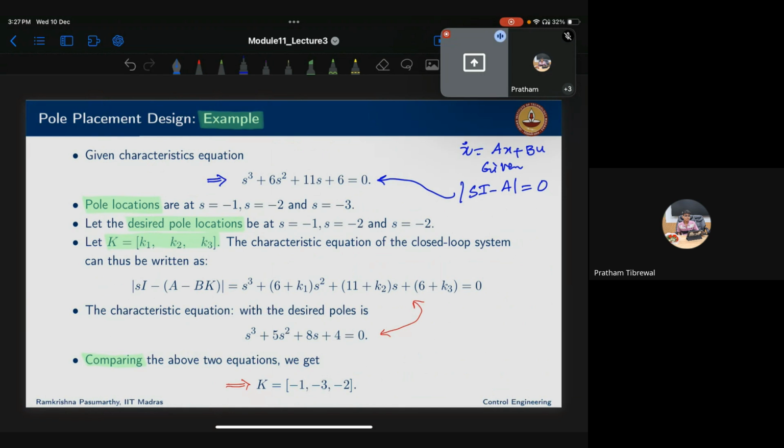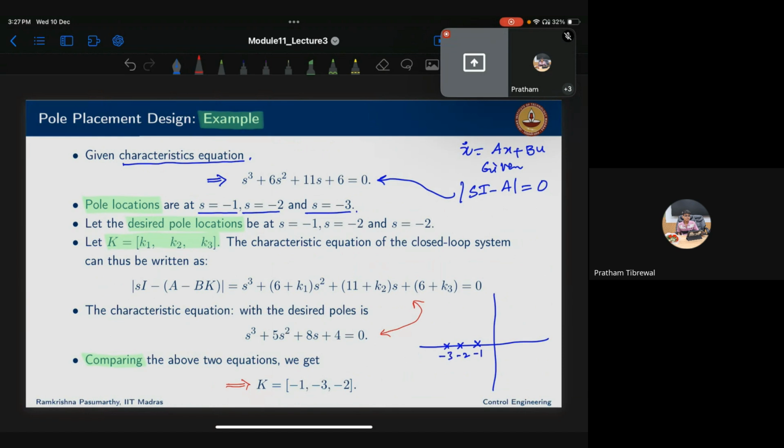This we call the characteristic equation. The roots of this are s is equal to minus 1, s is equal to minus 2, s is equal to minus 3. That means the roots are minus 1, minus 2, minus 3.